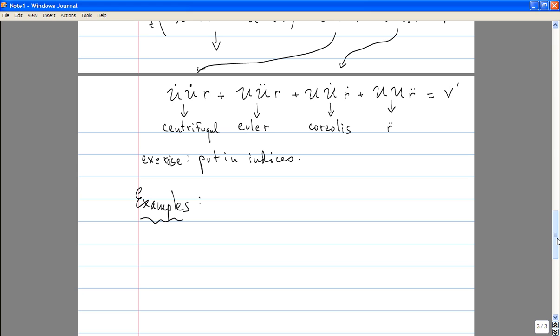So the classic example of a rotating frame is that of the Earth's surface.